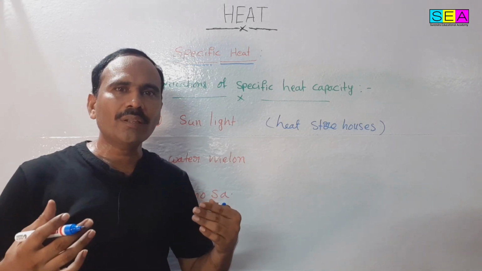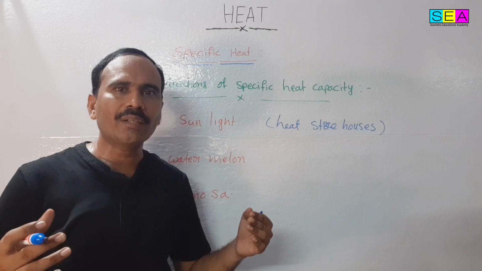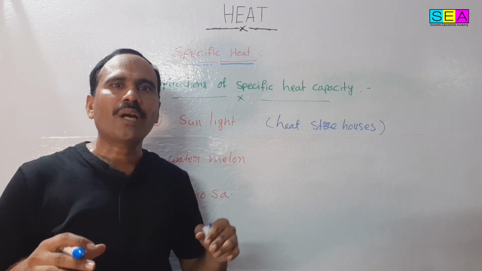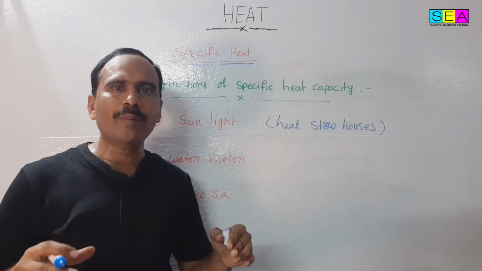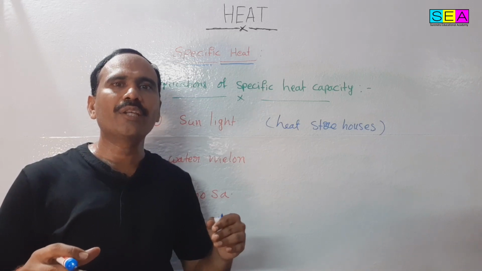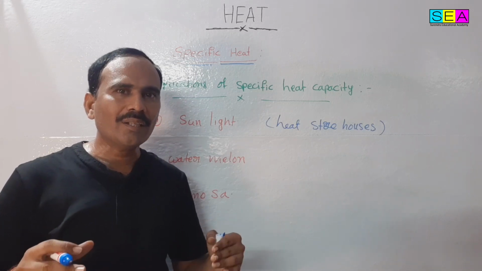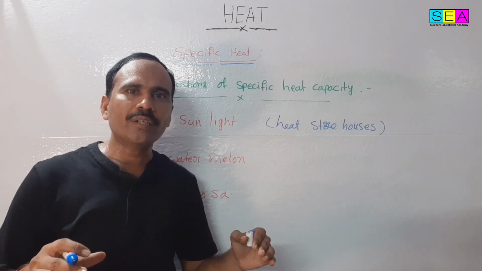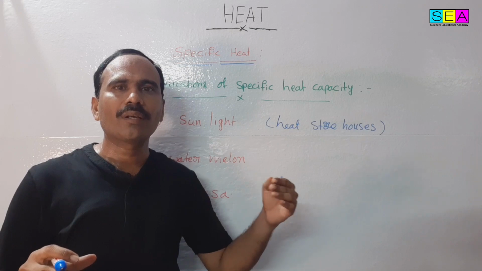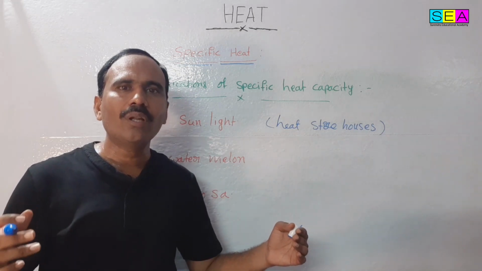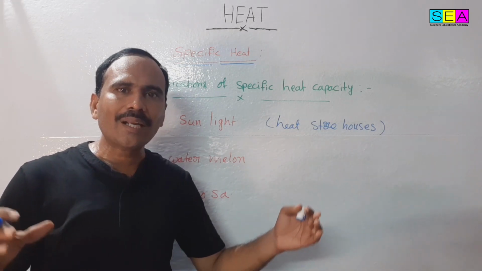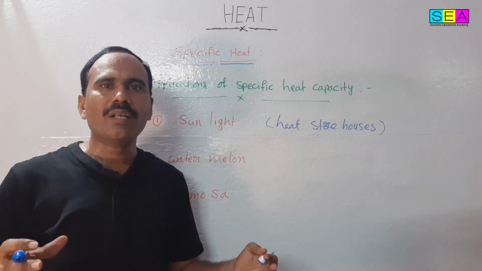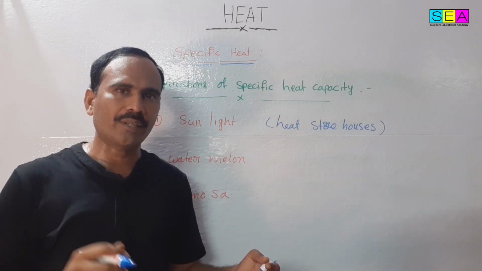By absorbing a large quantity of heat energy, the oceans in the equatorial region can moderate the temperatures there. Further, that heat energy is transferred by the water towards the North Pole and South Pole, balancing the climatic conditions. So this is one use of the high specific heat of water.